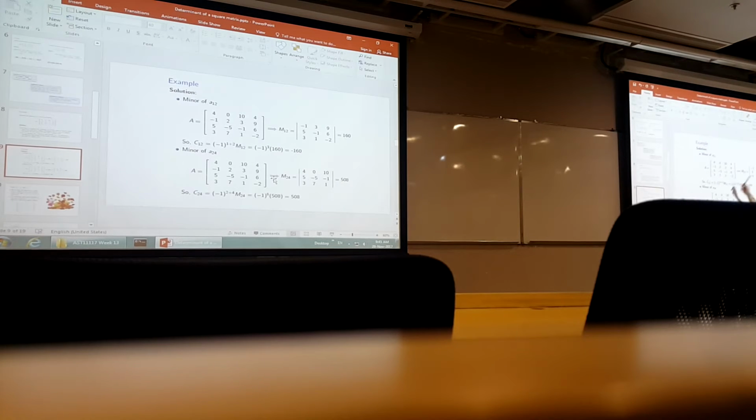Okay. Another example, the minor of this position 2, 4, second row, fourth column. Forget about the second row, forget about the fourth column. Leaving behind are the remaining numbers. Copy these numbers with the relative positions unchanged. 4, 5, 3. 0, minus 5, and 7. And then 10, minus 1, and 1.